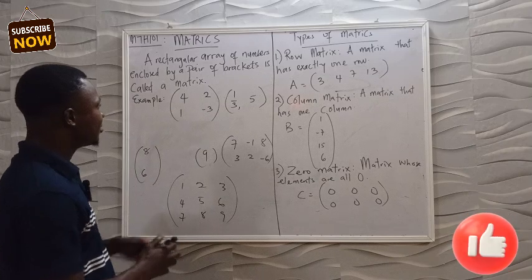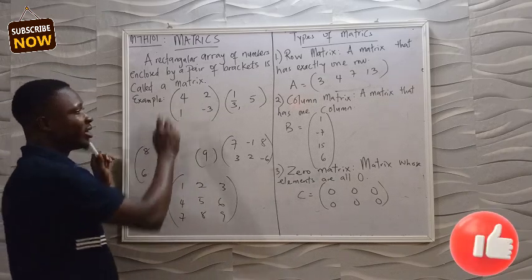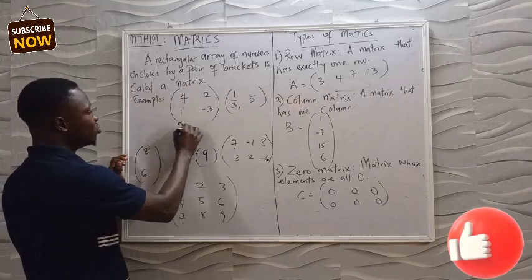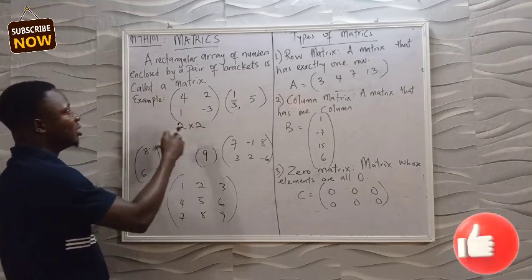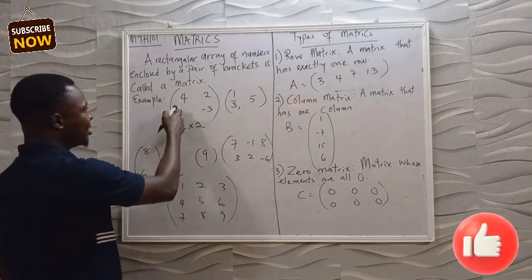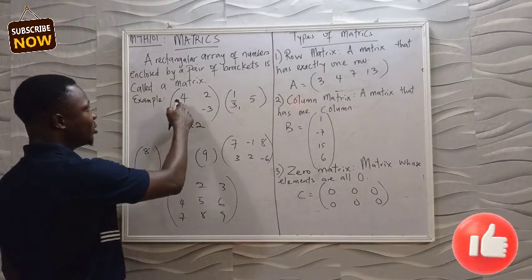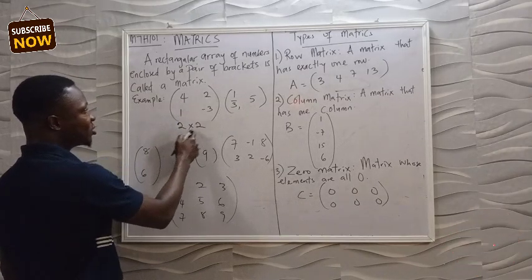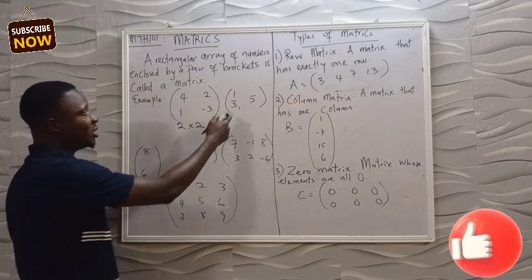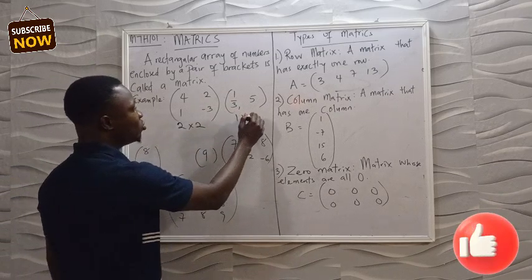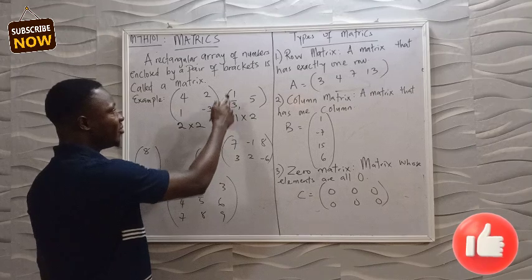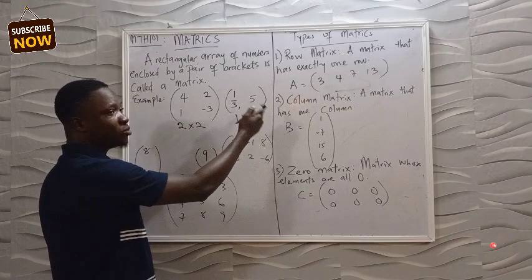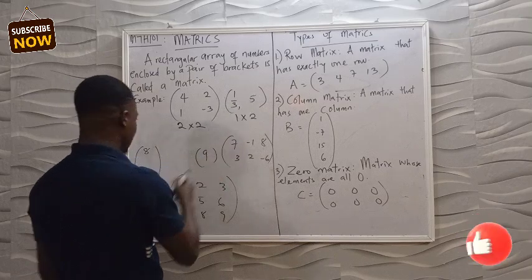If we look at this, it is a 2 by 2 matrix. And how do we arrive at a 2 by 2 matrix? Because vertically we have 2 numbers and horizontally we have 2 numbers. So that's why it's called a 2 by 2 matrix. This is called a 1 by 2 matrix because vertically we have just 1 number and horizontally we have 2 numbers, 1, 2.